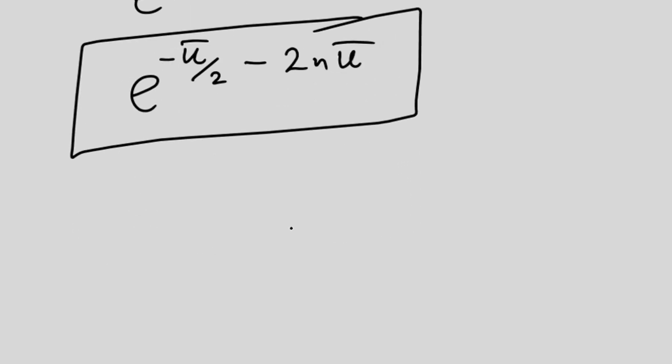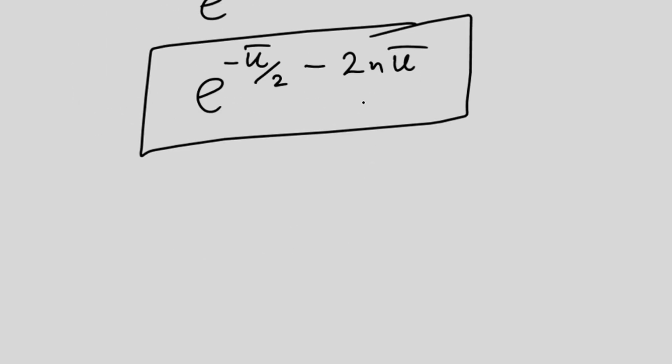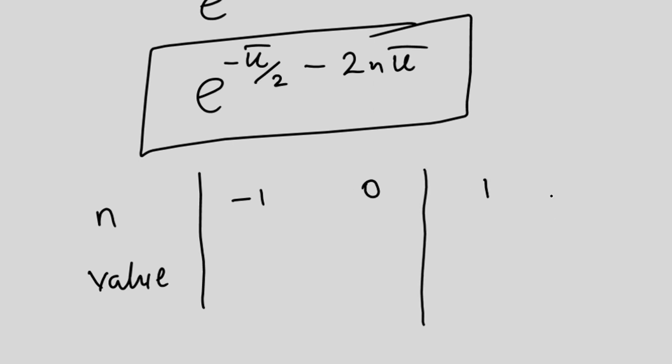Now wait, wait. Let's go ahead and then assume some values for n. But remember, n is an integer. So we're going to have n, then some values that we will be getting when we put in n. So let's say n is -1, n is 0, n is +1. But remember, it keeps on going just like that. So let me just end it here.